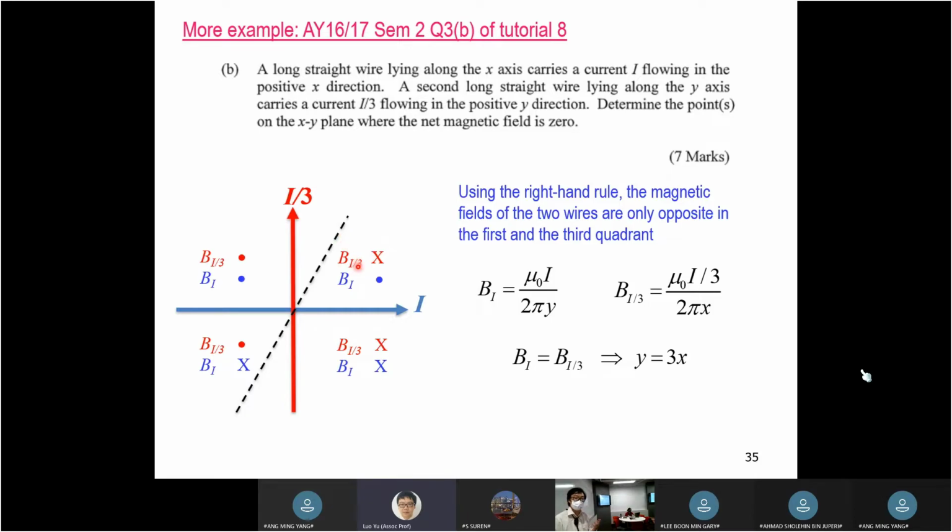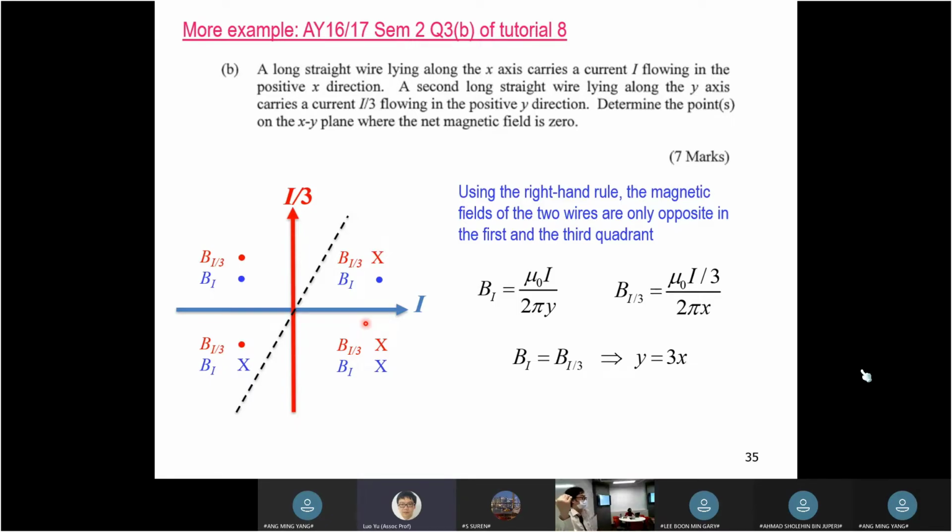If I want these fields to cancel each other, these two fields should be opposite in direction and equal in magnitude. So we first need to find out, among the 4 quadrants, in which quadrant the two magnetic fields, BI and BI over 3, are opposite in direction.